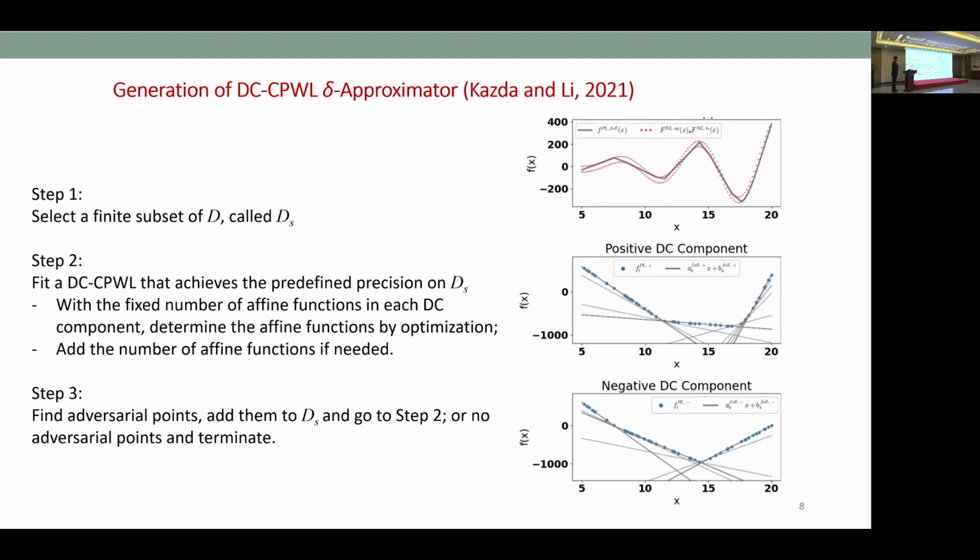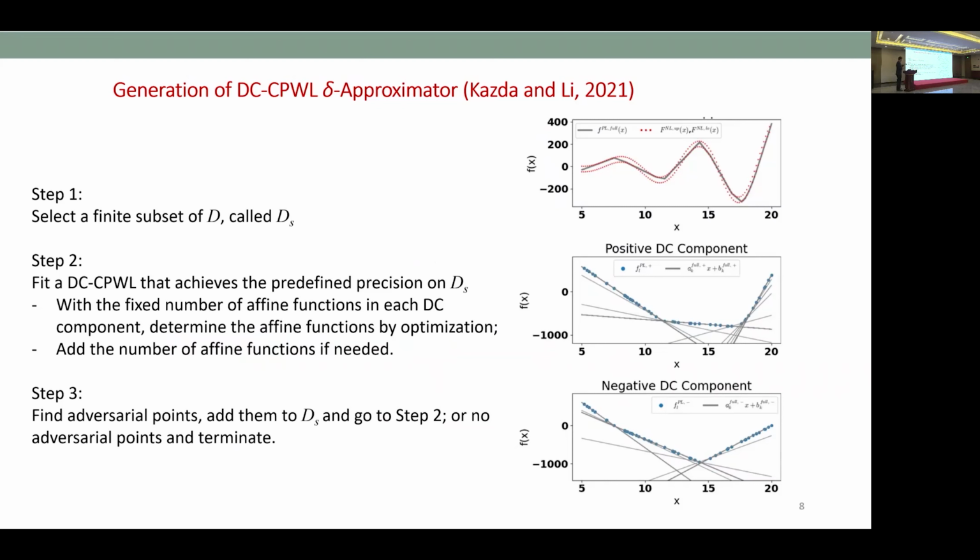Now the key part of this process is step 2, where we want to fit a difference of convex continuous piecewise linear function that achieves the predefined precision on the sample data set. That step is the most difficult step, and I'll explain that in the next slide.